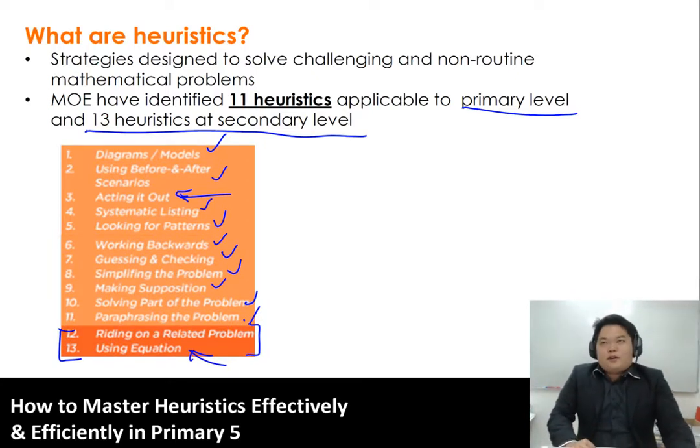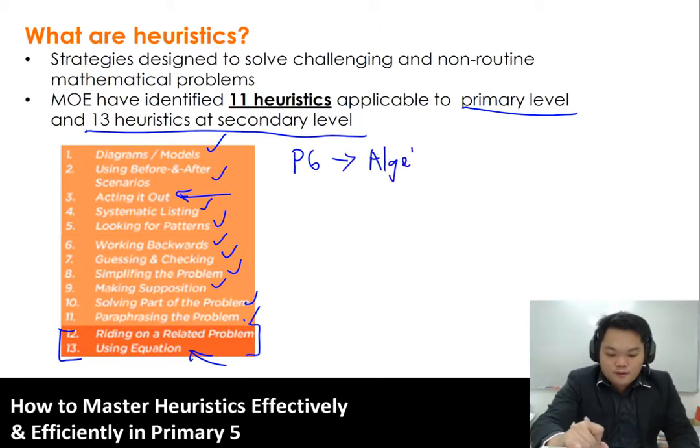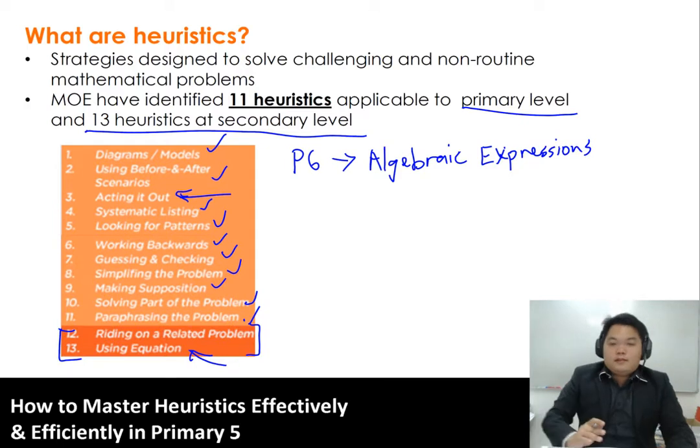And you must be wondering, in that case, why is algebra taught in P6? Okay, I know what you're thinking. But if you look carefully, in P6 what they are taught is algebraic expressions. Alright? So that is one confusion alert.